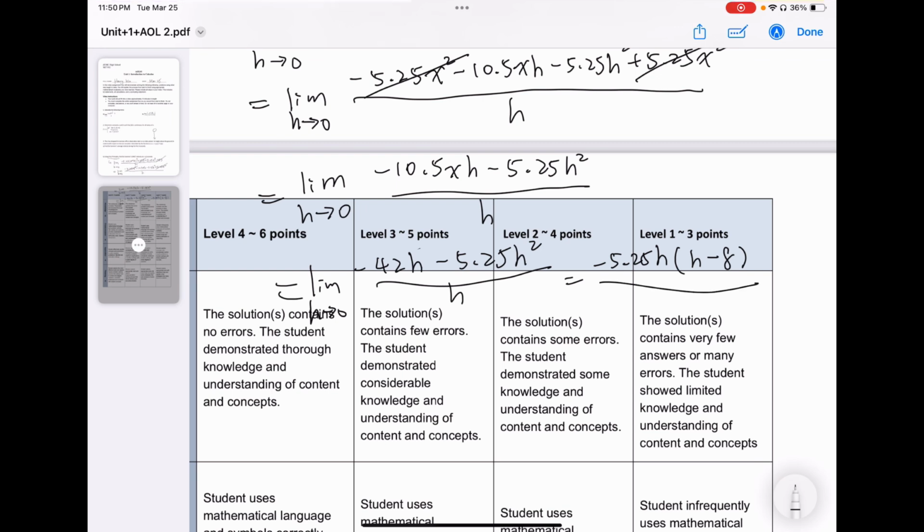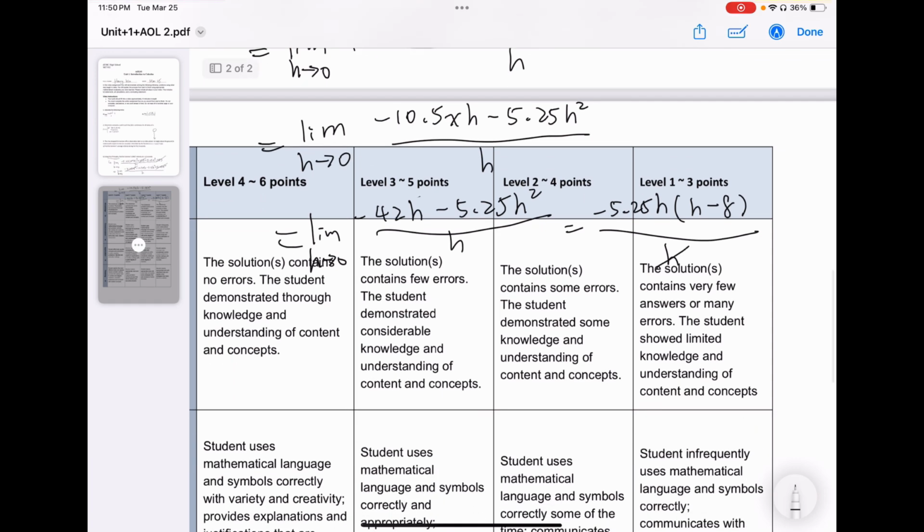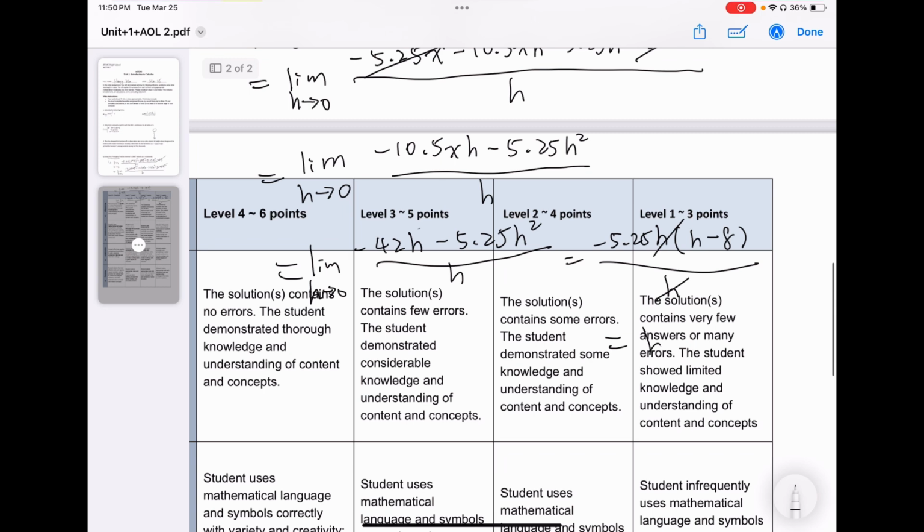Yes, I think it's 8. Over h, and then we can just cancel out h.